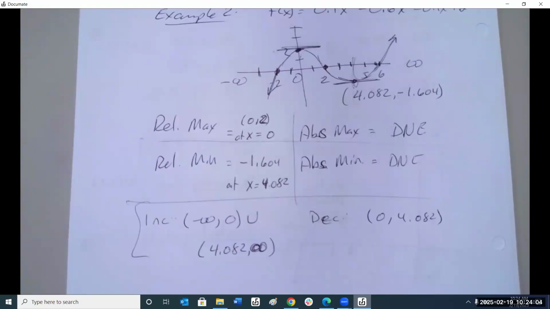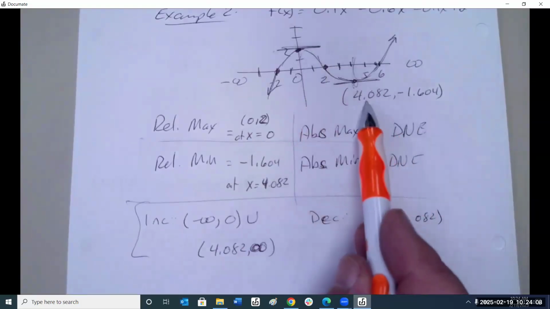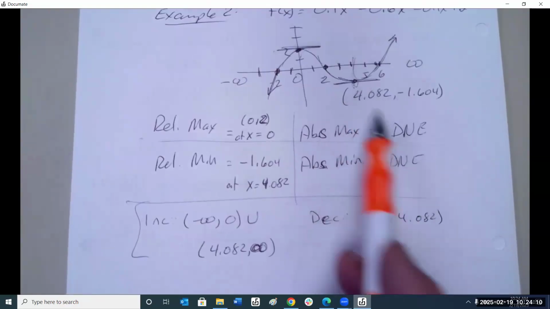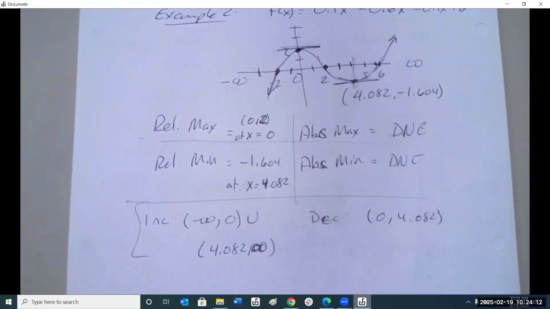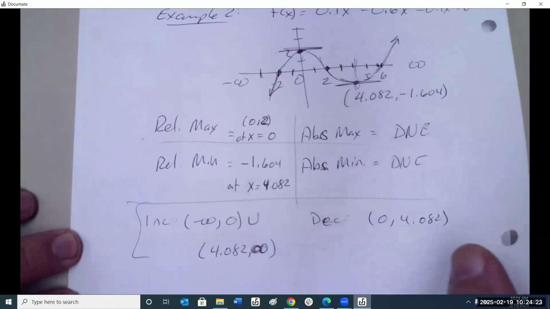Where is it increasing, decreasing? I use those because if it's not exactly on the dot, then you use those points. So that's increasing, decreasing function. So far, so good. In other words, we only use the x values and you never use the brackets.